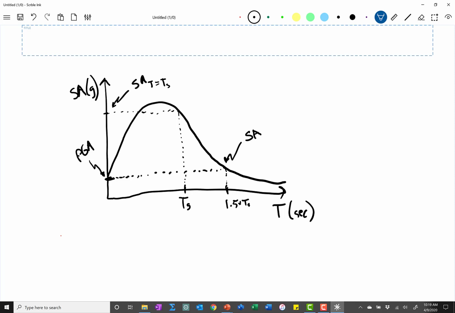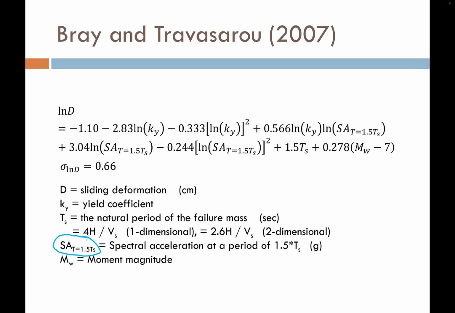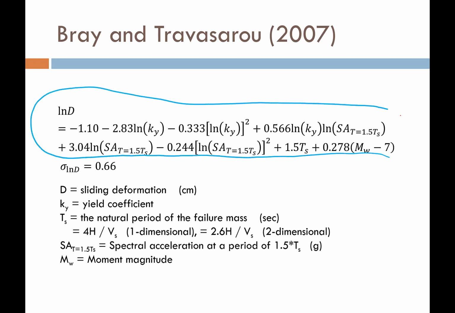So this would be spectral acceleration at period equals 1.5 times T sub S. So this is the value that we want for this model, okay, that spectral acceleration for a period of 1.5 times the natural period of the slope. Moment magnitude we want to throw in there. Yield coefficient, everything else looks right. So, yep, this is our equation right there.